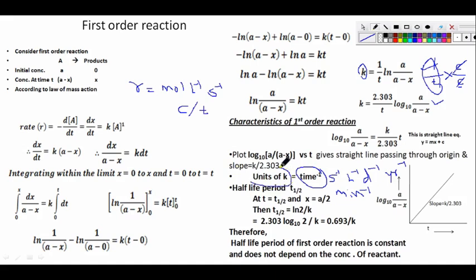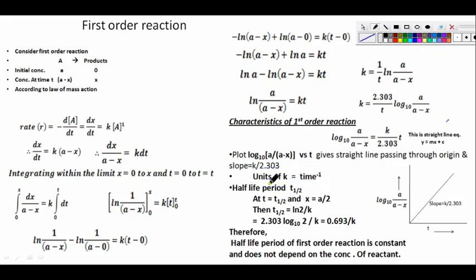What is changed? The unit of k. For zero order reaction it is the same, mole per liter per second. For first order reaction the unit of k is per time, but the unit of rate of reaction remains the same for any order of reaction. What is changed? Only the units of k.